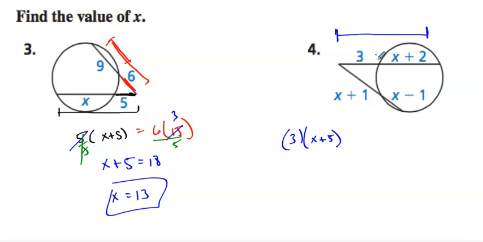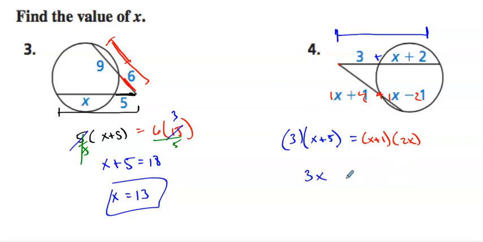Right, so we got 3 plus x plus 2, right? That's the entire thing. Equals the entire thing, or the outside here, which is x plus 1 times, and then if I add all these, I get 1x, 1x, 2x, and positive 1 and negative 1 goes away.